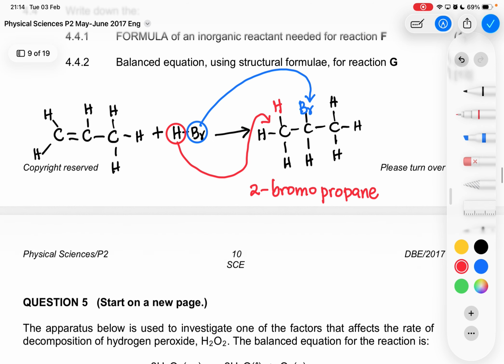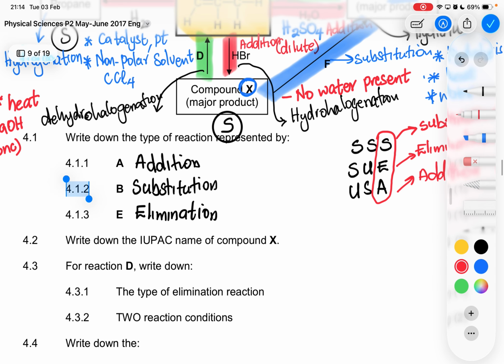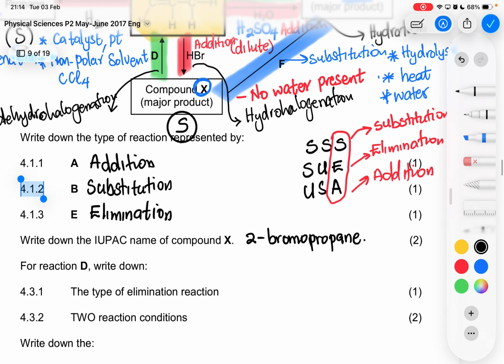So we come here and say the IUPAC name here is 2-bromopropane. So then you get your 2 marks there.